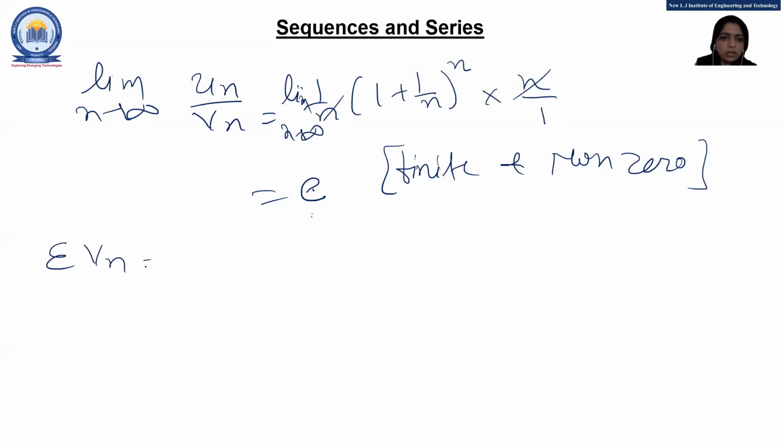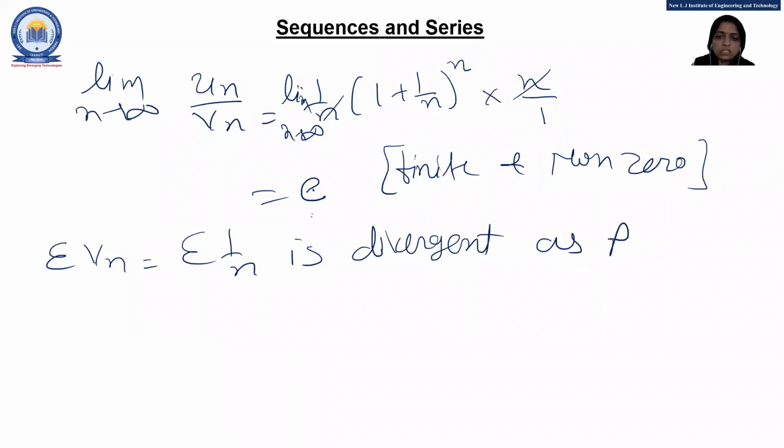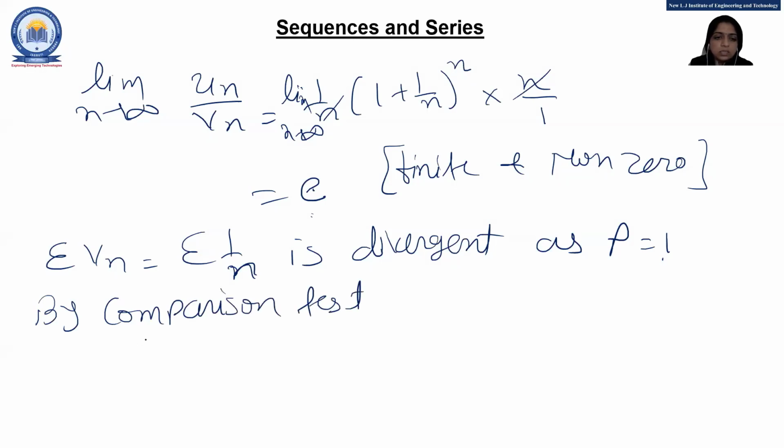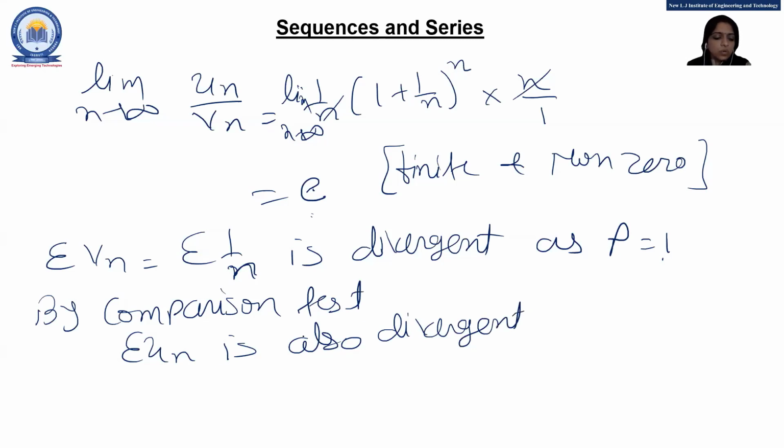Therefore, the series Vn, that is series 1 by n, is divergent, as P is 1. What is P? P is the power of n, so P equal to 1. Therefore, by the comparison test, series un is also divergent.